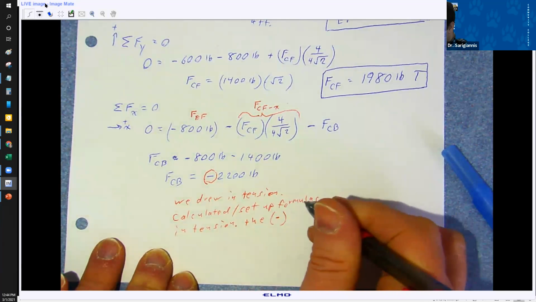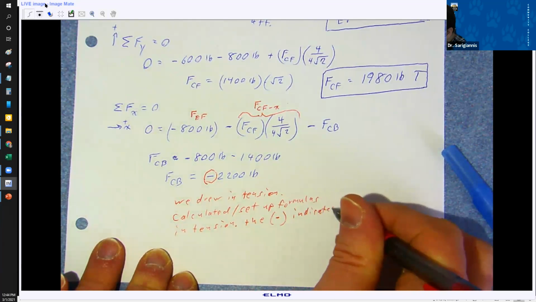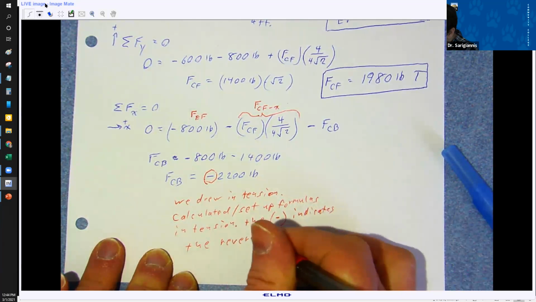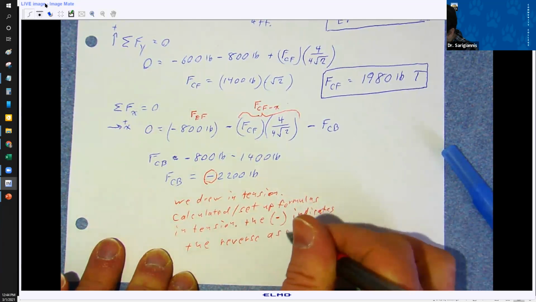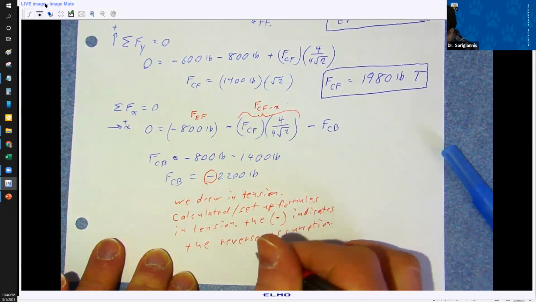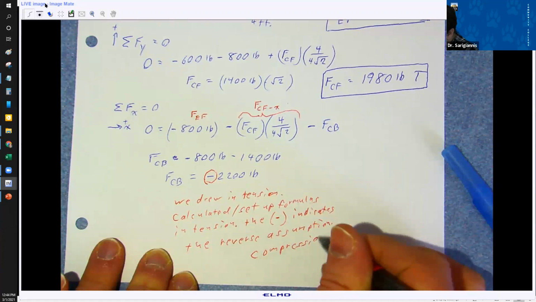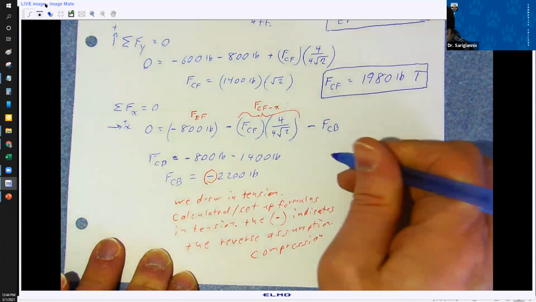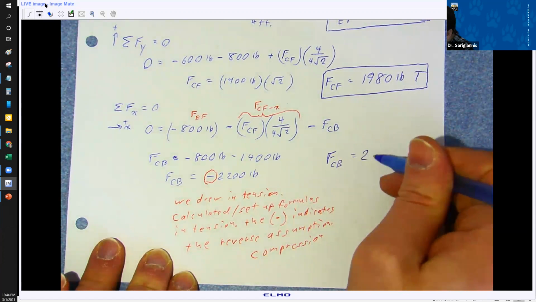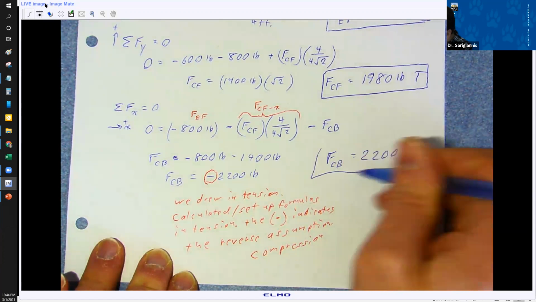So the negative sign indicates the reverse assumption. So this is in compression. So I'll write that over here. FCB is 2200 pounds in compression.